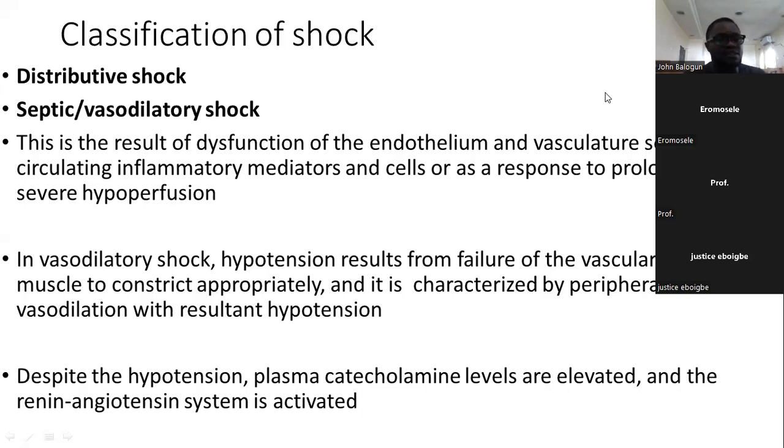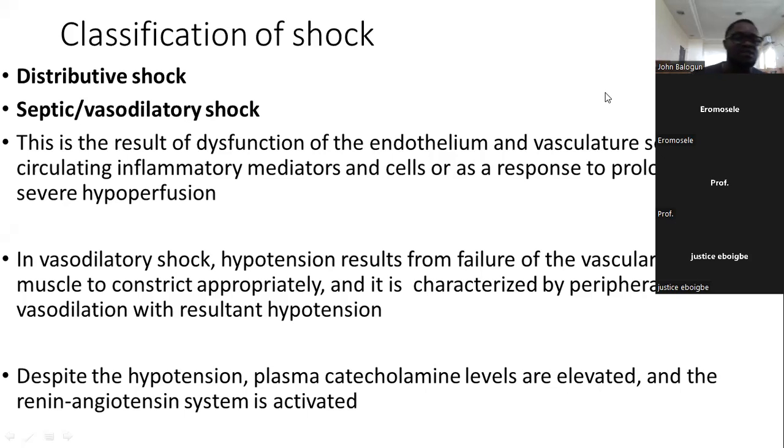How do these toxins occur? Usually from gram positive or gram negative organisms. Of gram positive and gram negative, the one that causes the major effect is gram negative. I'll explain that as we go along. Perhaps we should also talk about it now.